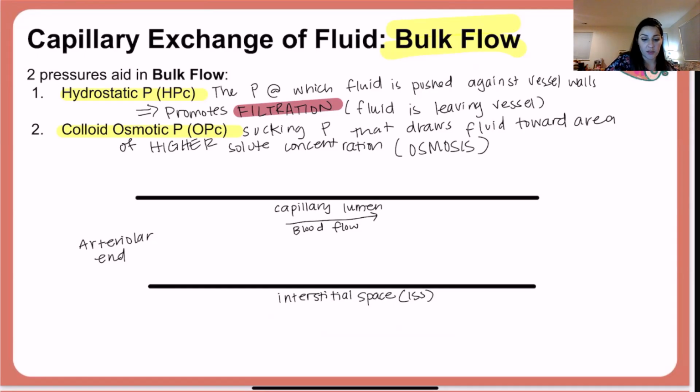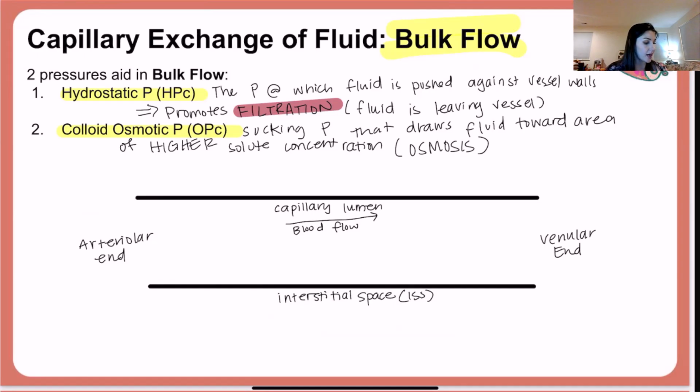So this would be the side of the arteriole. And then that would make the other side the venule, the venular end. Okay. We know that the pressure on the arteriolar side is higher than the pressure on the venular side because the pressure in arteries is bigger than the pressure in veins. This is something that we know.